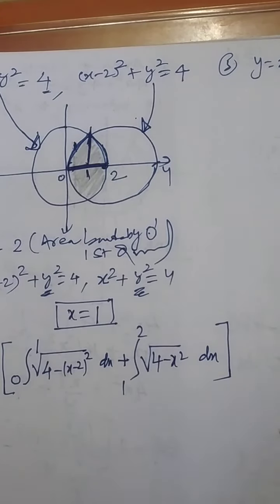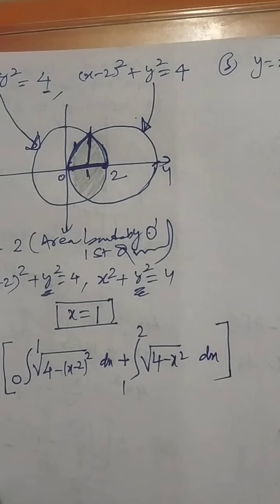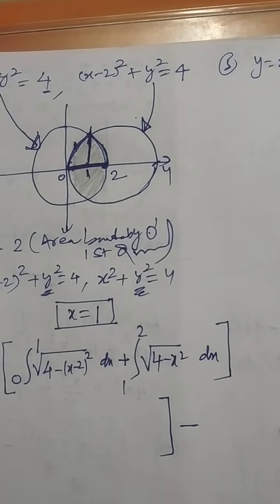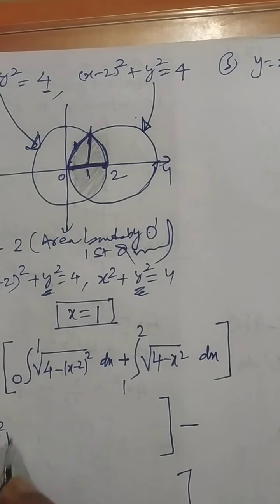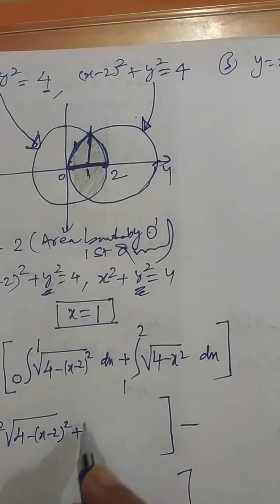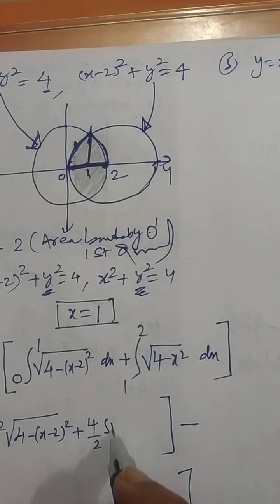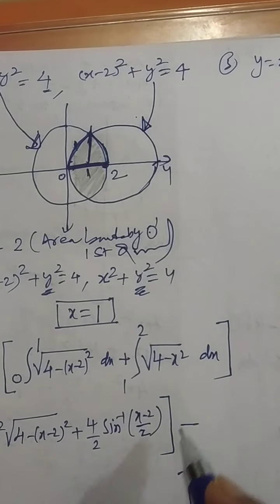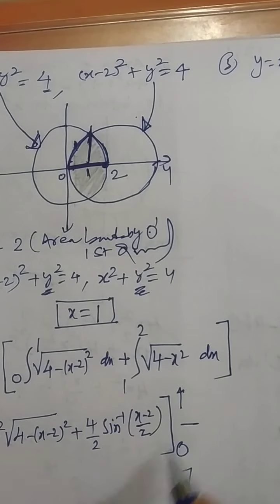As usual you know the method. So I will keep 2 outside. It will be the first integration, then minus, again 2 outside, and the second integration. This 2 is common for both. This is nothing but x by 2 times the square root, now it will be (x minus 2) by 2 and so on, plus a square by 2, meaning 4 by 2, sine inverse. Mostly we are using this formula only, x by 2. Here it is 1 you can write, here it will be 0.